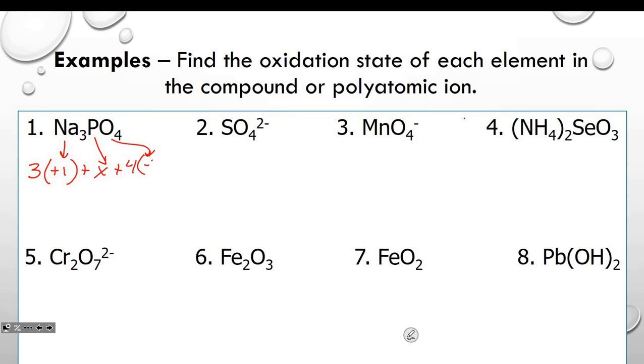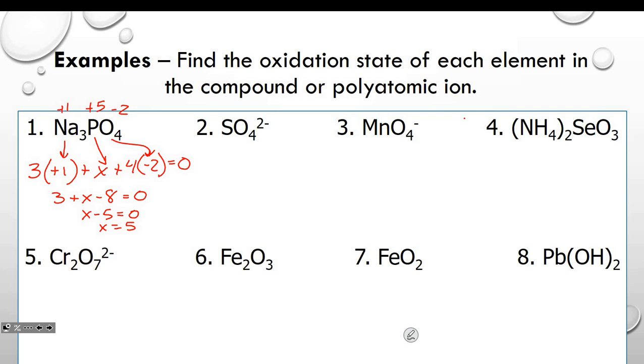Yes, it's -2. I know this all has to equal 0. So I can quickly say, 3 plus X minus 8 equals 0. Well, 3 minus 8 will be -5, right? So X equals 5. So we're doing a little algebra. Okay, that means this has a +5, this has a +1, and this is -2.